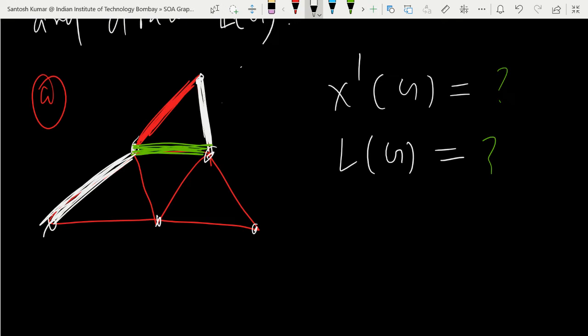So chromatic number 5 or 4? 5 or 4? What do you say? 5? I think 5. Okay, let me check. So white, you can color this, or red you can color this and this, and so I have used how many colors? Only three colors till then.